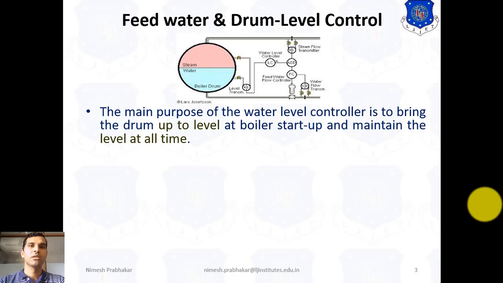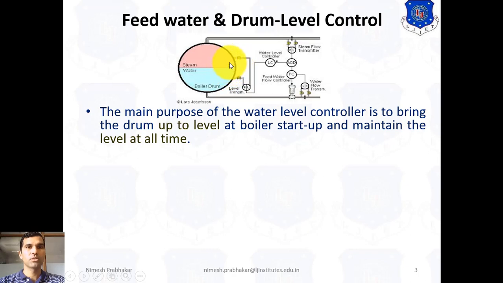That means this is a level controller that controls the level of water inside this drum. This is a boiler drum, and here we use the level controller to control the water level inside this drum. This is a higher level limit and this is a lower level limit. The water level must be in between these two limits.